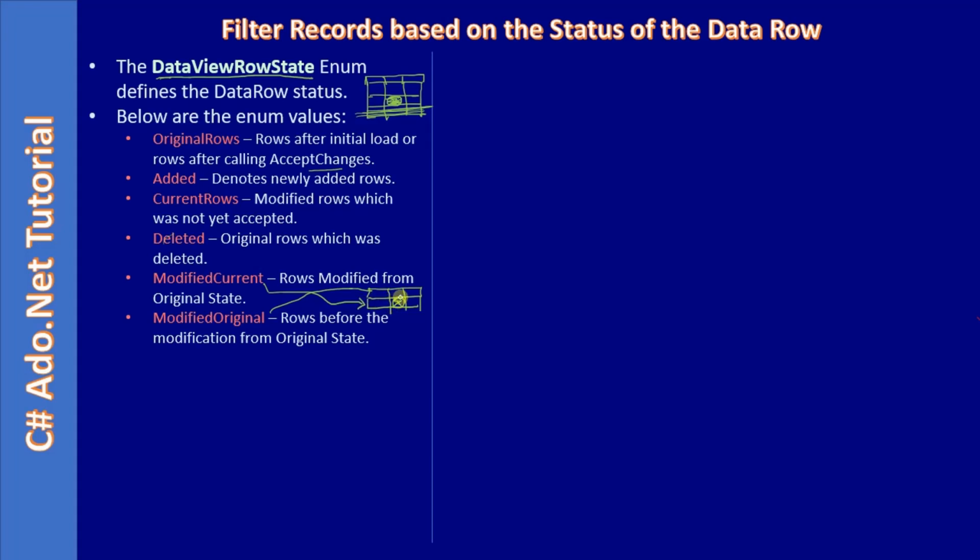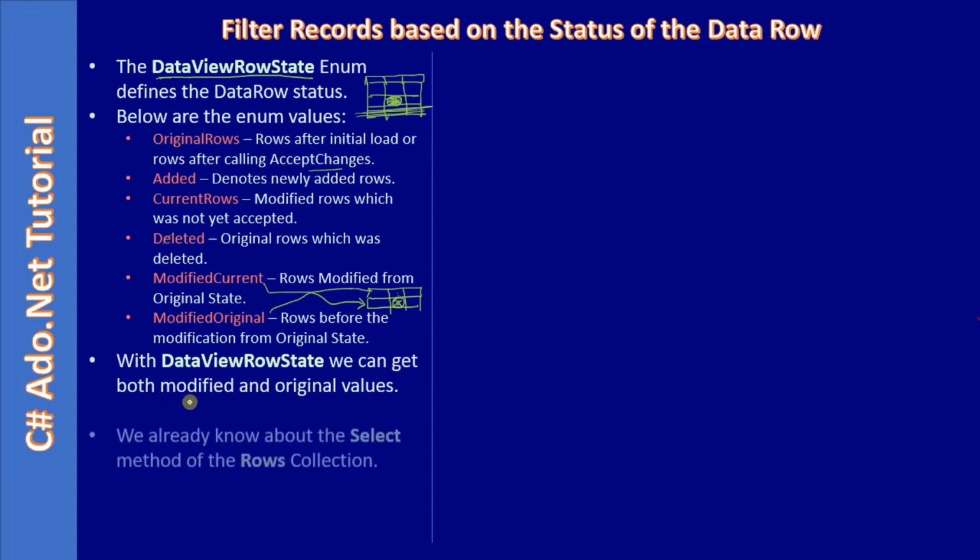So with the modified original, we can tell what is the previous value, and with modified current, we can tell what is the current change to that original column. With DataViewRowState, we can get both modified as well as original values. That's what we are talking about here, modified current and modified original.